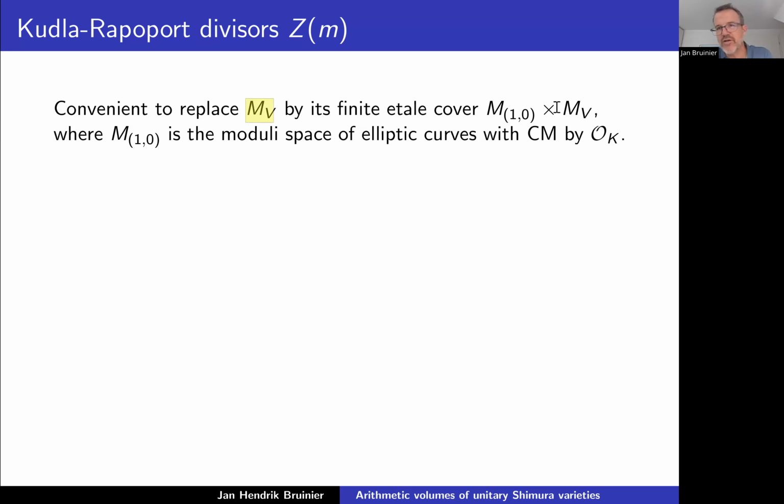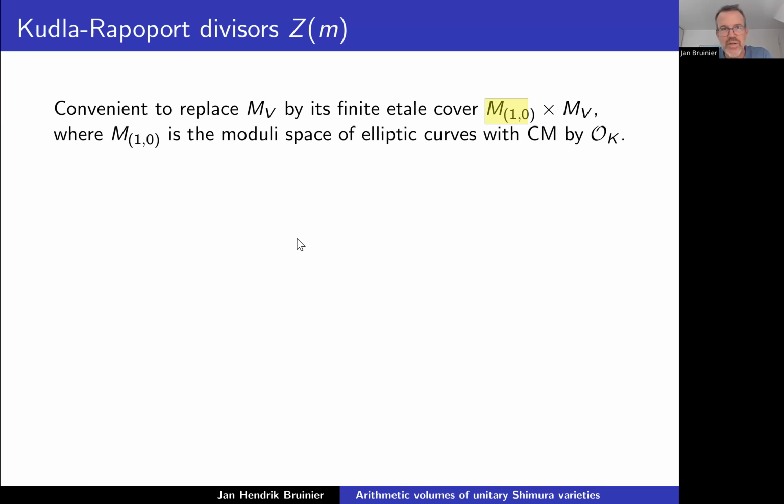Namely, we take the product of MV with M(1,0). This is the moduli space of abelian varieties in dimension 1, so elliptic curves, with OK multiplication of signature (1,0). So this is really the moduli space of CM elliptic curves with complex multiplication by OK. If you look at the complex fiber, this is just finitely many points, and we replace our MV by this finite étale cover.